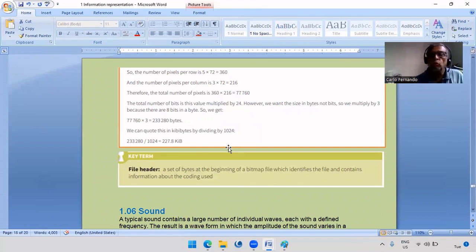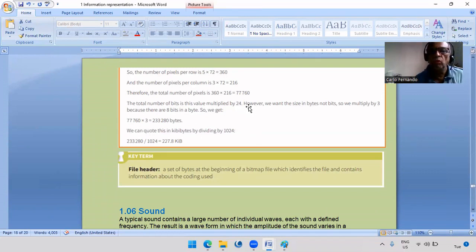Because you are not supposed to take calculators for the exam, and doing these calculations on paper will take time. The total number of bits is this value multiplied by 24.